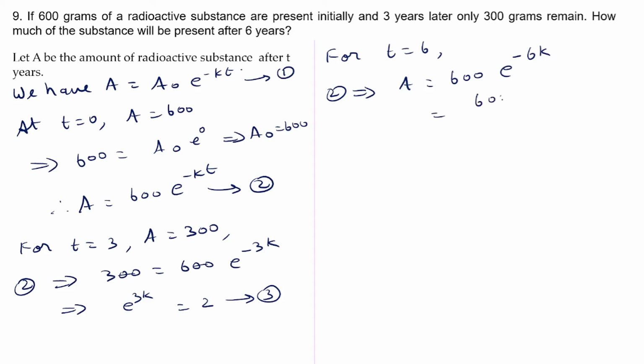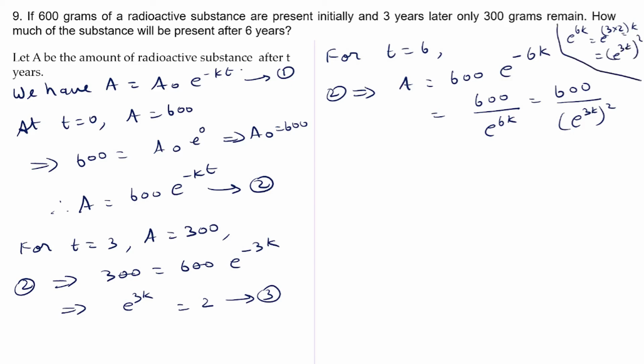This is equal to 600 divided by e raised to 6k. e raised to 6k is e raised to 3 into 2k, which we can write as e raised to 3k the whole square. e raised to 3k we got as 2, that we can substitute here.